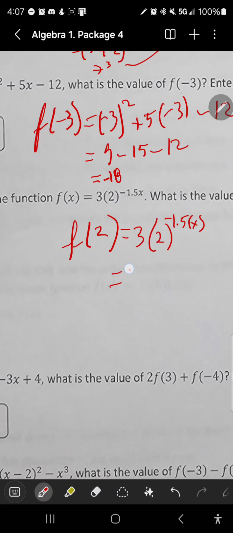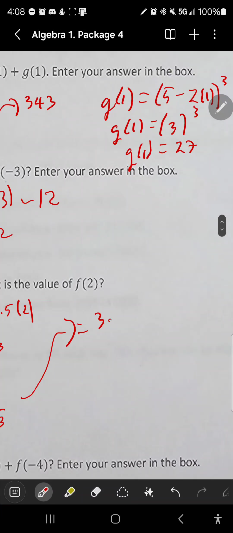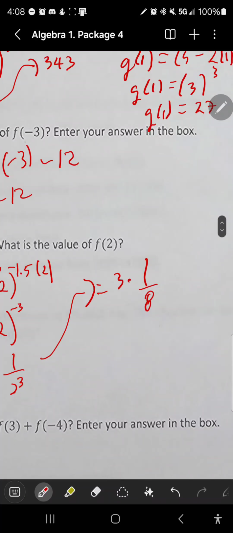So this will be 3 times 2 to the x, with x equal to -3. This equals 3 over 2 to the third, or 3 times 1 over 2 to the third. 2 to the third is 8. So 3 times 1 over 8. Therefore, the final answer will be 3 over 8.